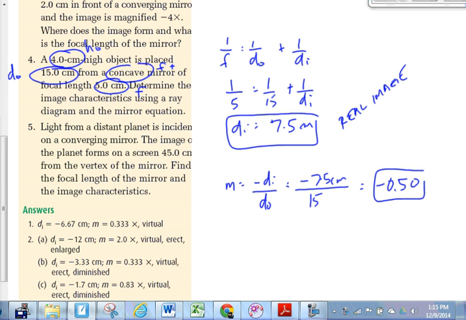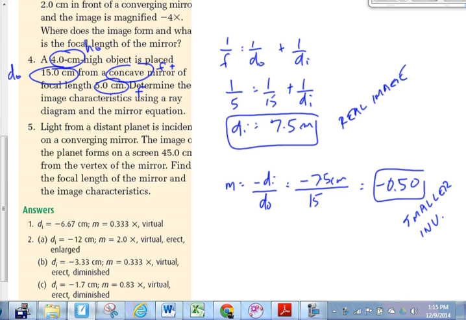Cassie? It's smaller, right? If it's a number between 0 and 1, regardless of whether it's positive or negative, the image is smaller than the object. If it's above 1, again, positive, negative, doesn't matter, then it's bigger. So this is a smaller image. There's one more thing that it tells me, though. The negative tells me that, Tara, it's inverted.